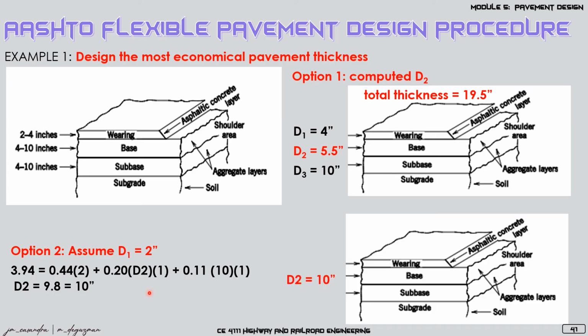So the new computed D sub 2 is 10 if the wearing surface is 2 inches. D3 is the same, 10 inches. If we solve for the total thickness, that will now be 22 inches. So, mas malaki siya compared doon sa option 1.